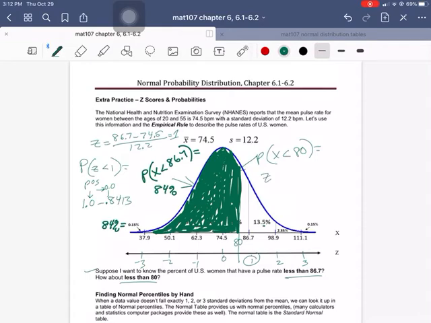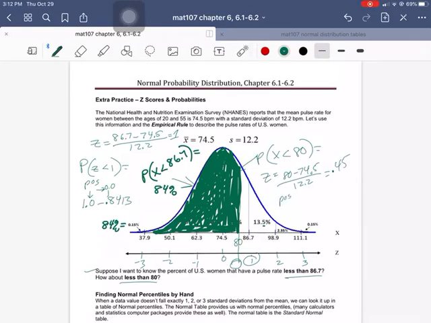So the z that corresponds to that, I'm looking for this right here, obviously less than 1 but greater than 0, so 80 minus 74.5 over 12.2 comes out to 0.45, which makes sense with our picture here.